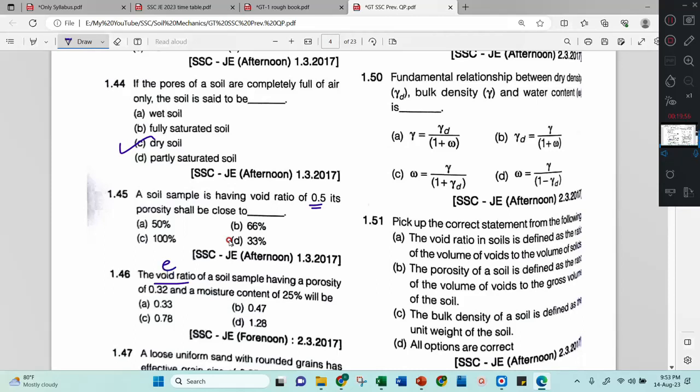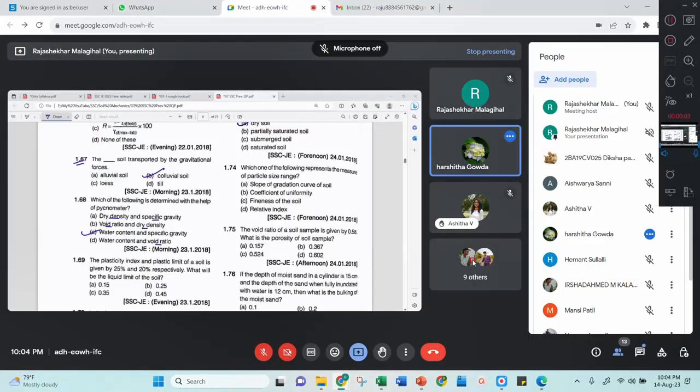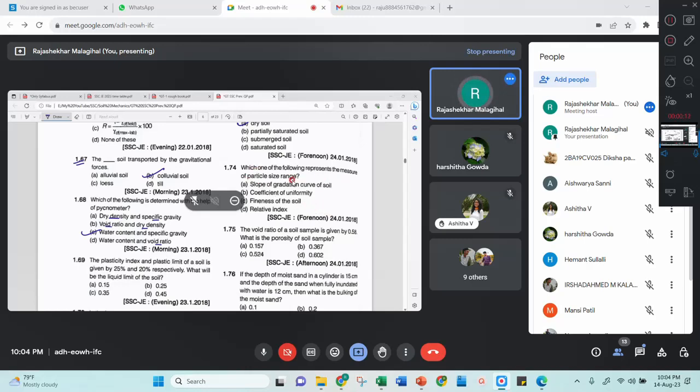A soil sample having a porosity n, moisture content 25%, uniformity. Okay, coefficient of uniformity. Which of the following represents the measure of particle size range? Right, correct answer. Next, the voids ratio of the soil sample is 0.58 and the porosity is this much.